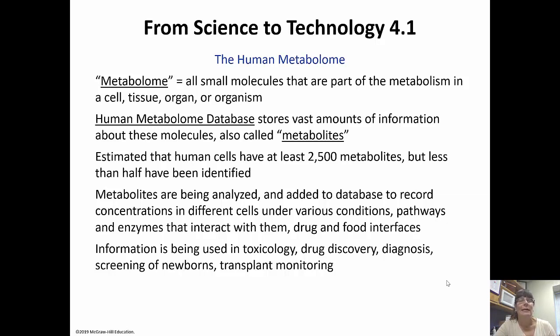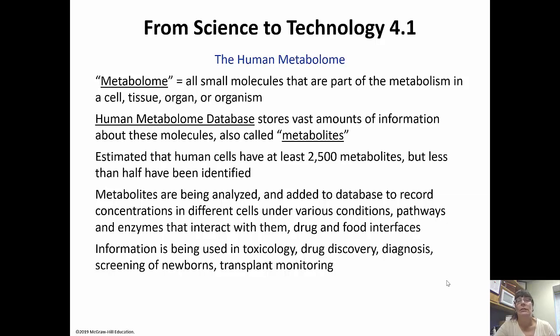Metabolites are being analyzed and added to the database to record the concentrations that are present in different cells under different conditions. So we want to understand how the pathways and enzymes interact with these metabolites, and if there are any drugs or food or anything that can change it as well.